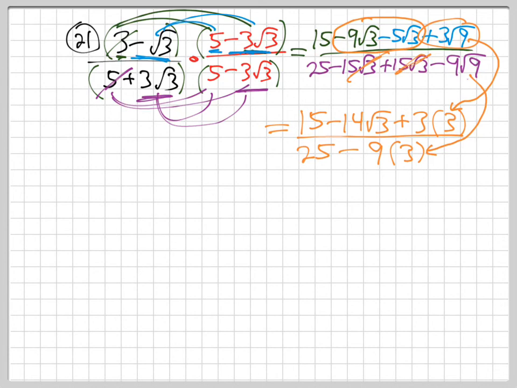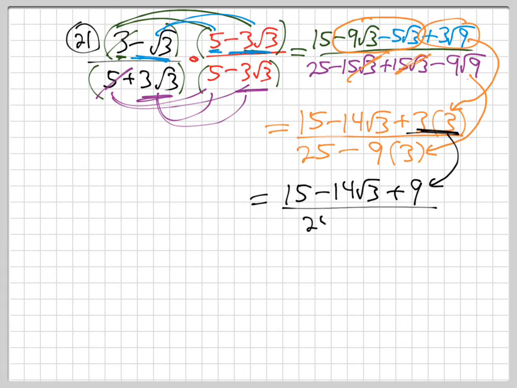Questions on those steps so far? And then, this is 15, minus 14 root 3 plus 9, right? Because 3 times 3 is 9. 25 minus 27.